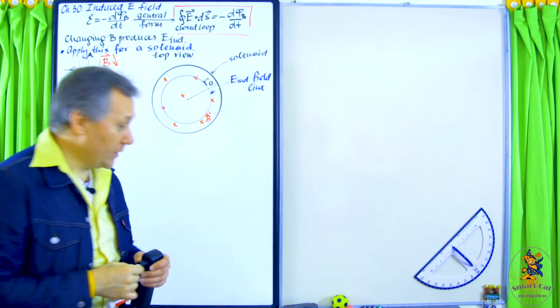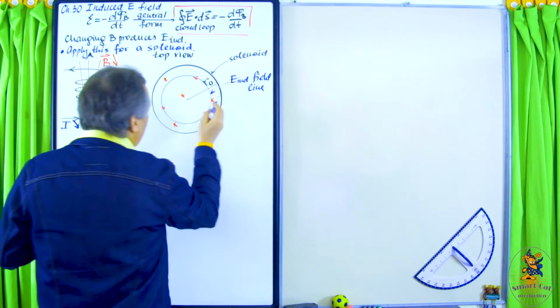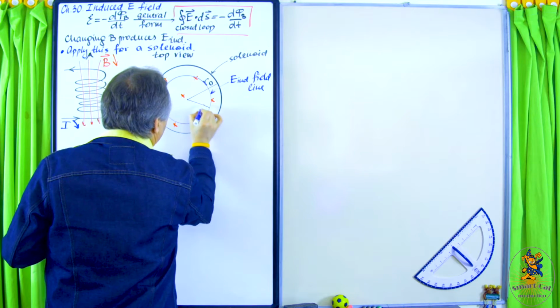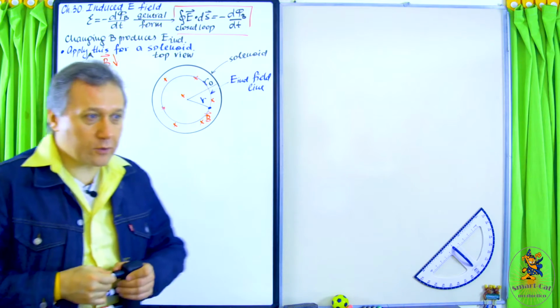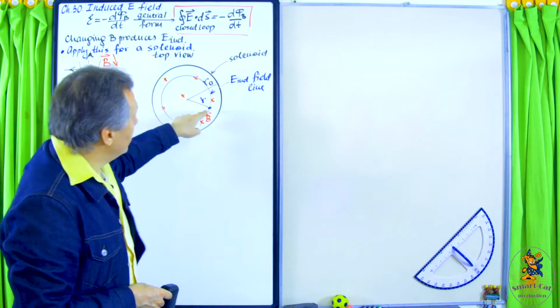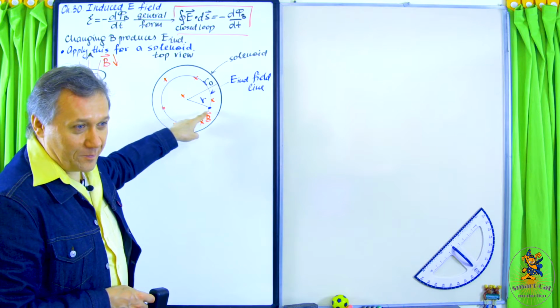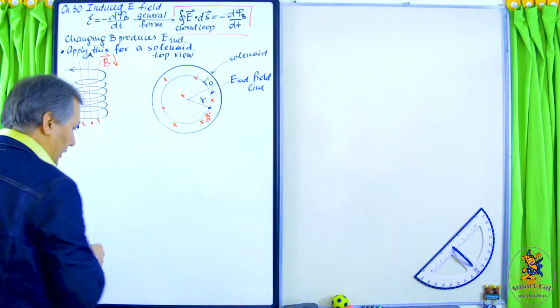And now, of course, let's assume it's at a distance r from the center, for example, this point. And of course, you can ask two questions. What is the value of this induced electric field? And what's the direction? So how can we answer those two questions?